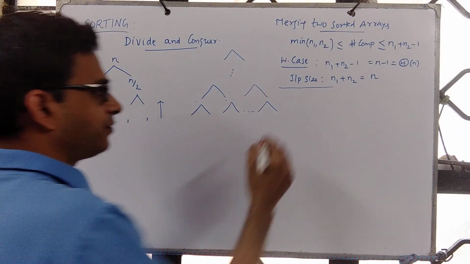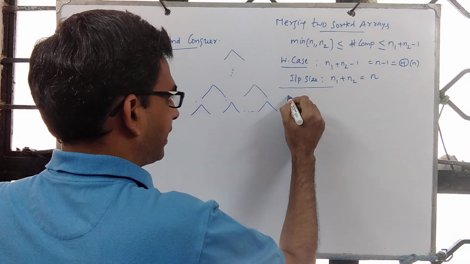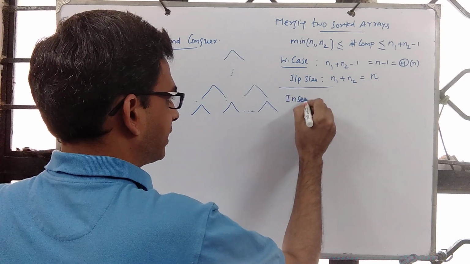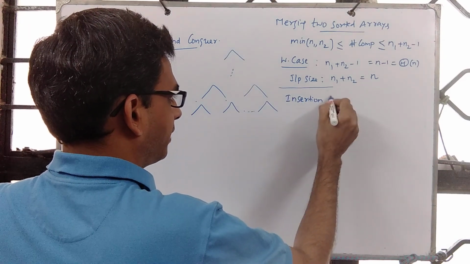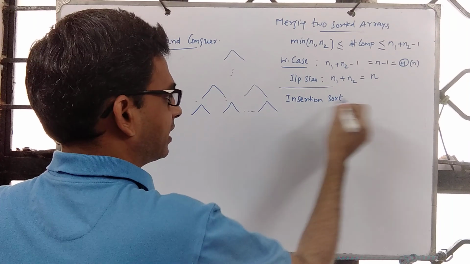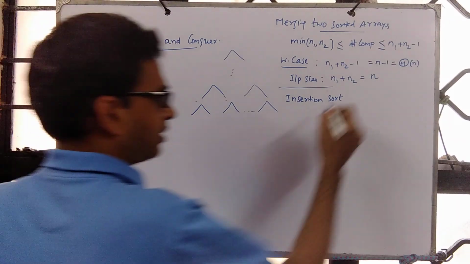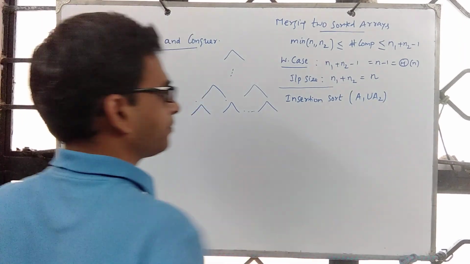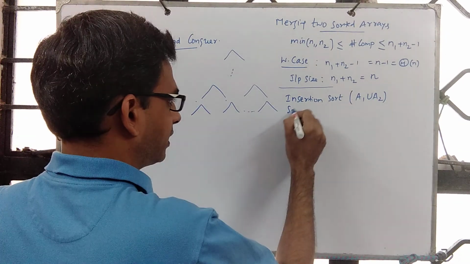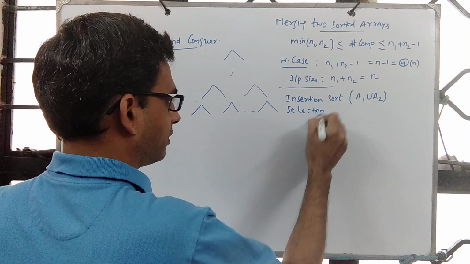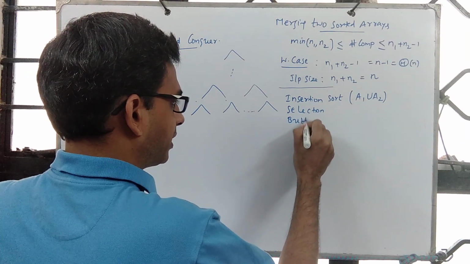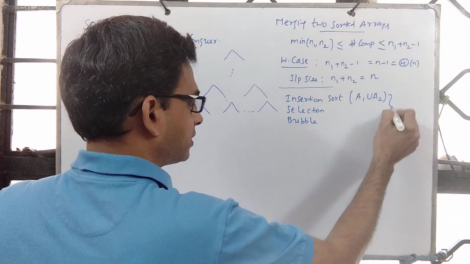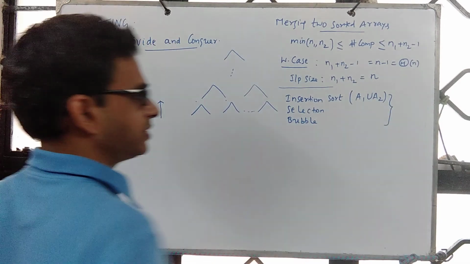One can also think of this. Take two sorted arrays and you call insertion sort with respect to a1 union a2, or you can do selection sort, or you can do bubble sort, correct? But if you do this, what would be the complexity in the worst case?